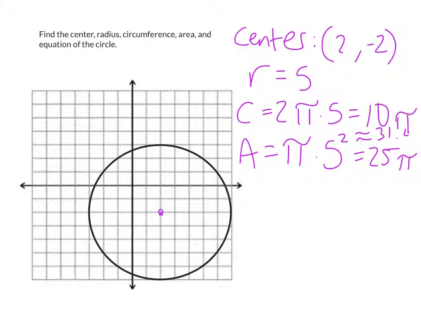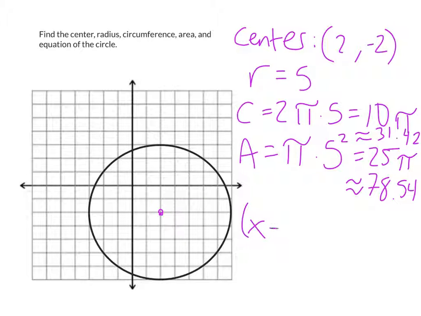If I round, and then we've got our 25 times pi, which is like 78.5398. Cool. So if you want to do decimals, you can. If you want to just leave it in terms of pi, that's cool too. I'm flexible.